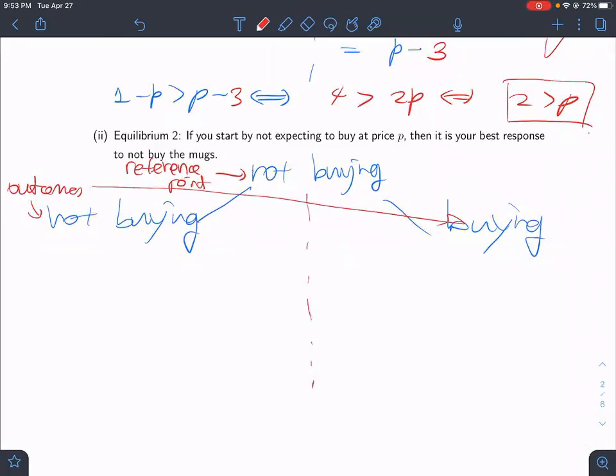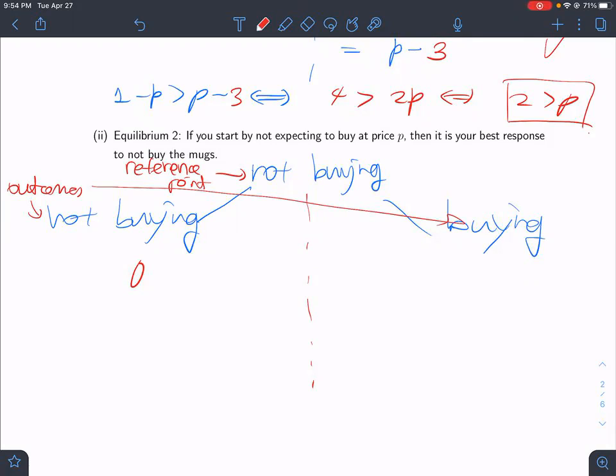If I don't buy on the reference point of not buying, my expectation is the same. We just need to consider the consumption utility. Consumption utility is 0. So I just verbally explained, but in the exam, if you happen to see this question, then you should explain.